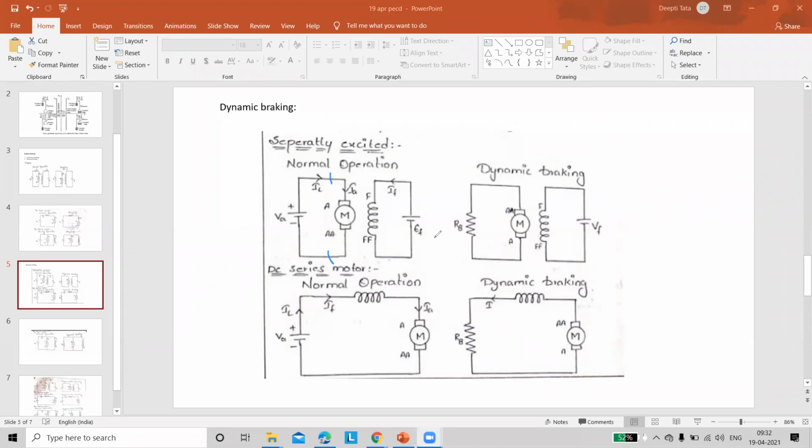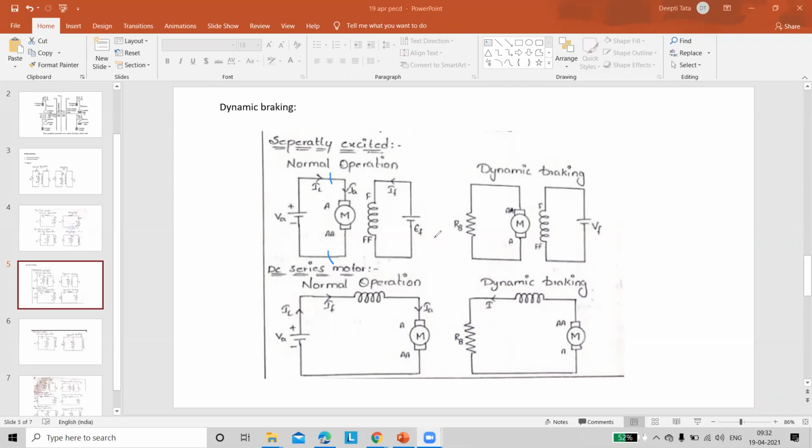And remember one thing, whenever these polarities are reversed, our energy is going to decrease gradually. In general, in our motor, the produced back EMF and armature voltage must be in opposite directions. But whenever you reverse the polarity, the back EMF and armature voltage exist in the same direction.